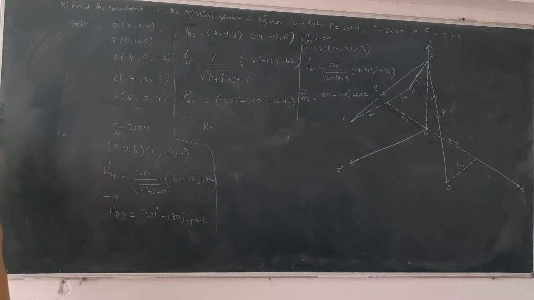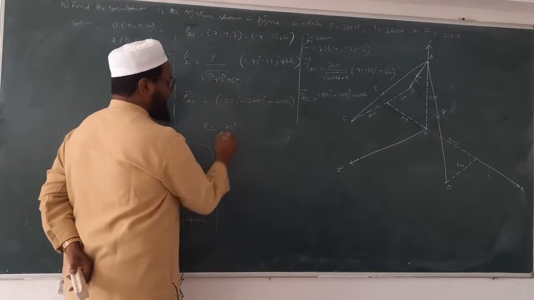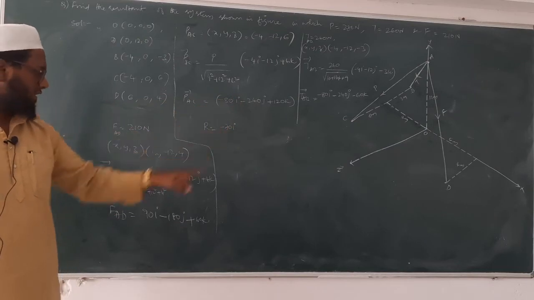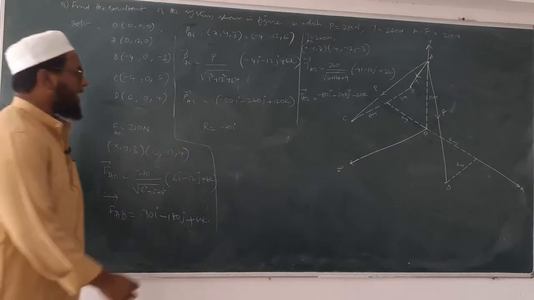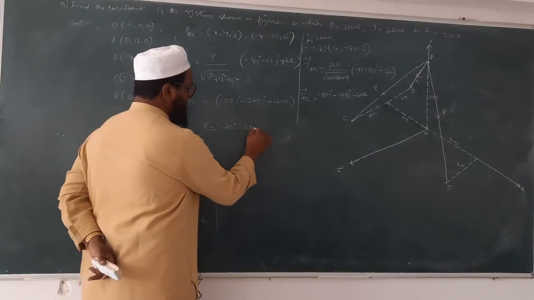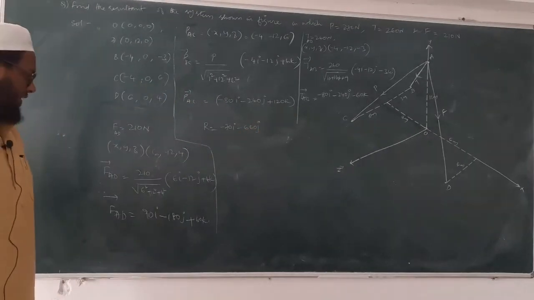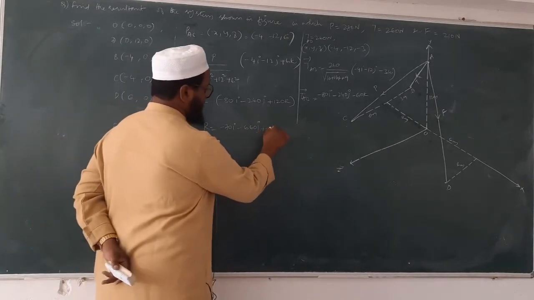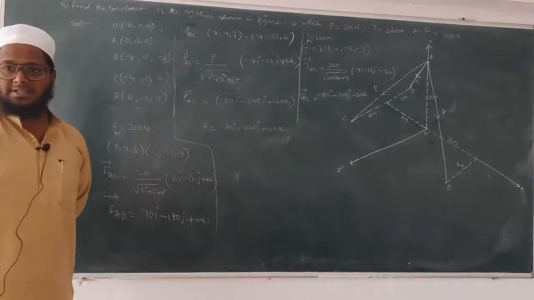Minus 70 i, then minus 240j, and minus 180j, minus 660j. Then 120 minus 60 plus 60 plus 120k. This is the force vector for the resultant.